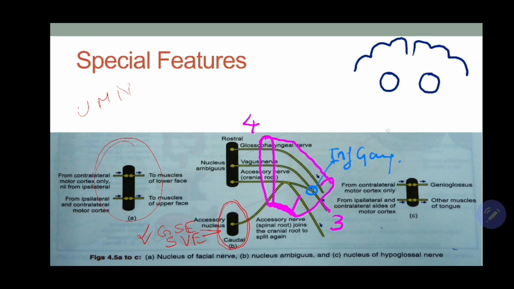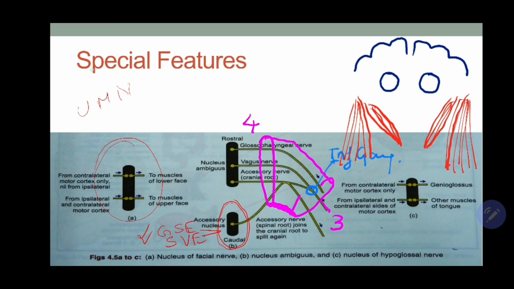And of course the muscles of the neck down below, sternocleido and trapezius. So let's say this is sternocleidomastoid of the 2 sides. This is sternocleidomastoid, and this is trapezius. This is trapezius.